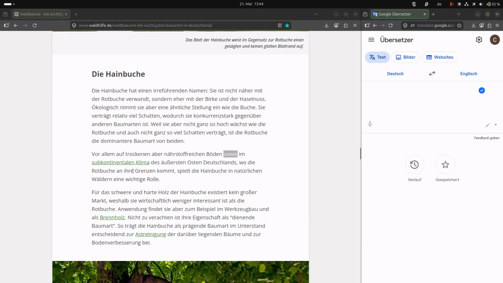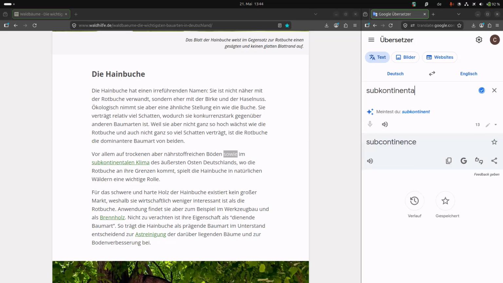Im subkontinentalen Klima, in dem, in the subkontinentalen Klima, subcontinental climate, you could say, I think. Subkontinentales Klima. Subcontinental climate, should be correct.